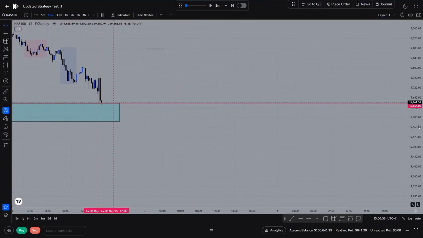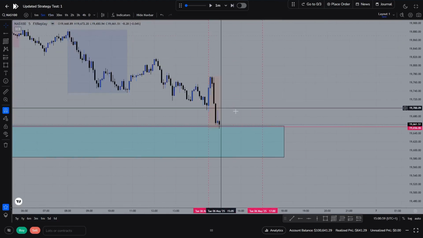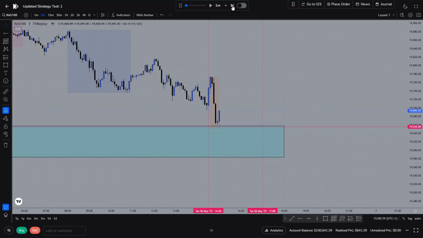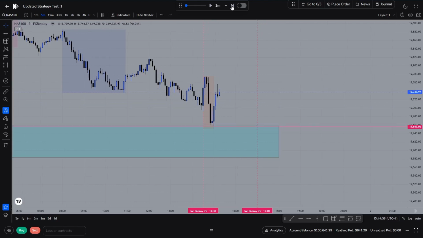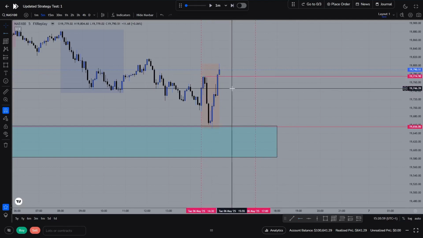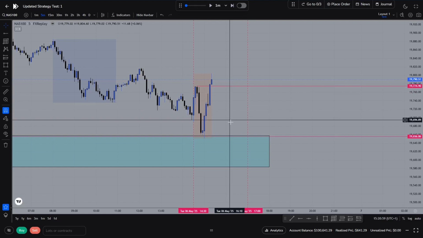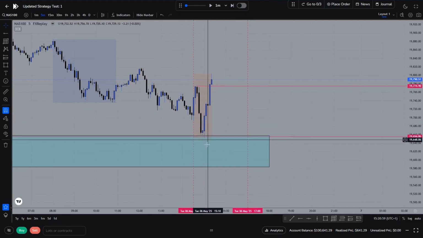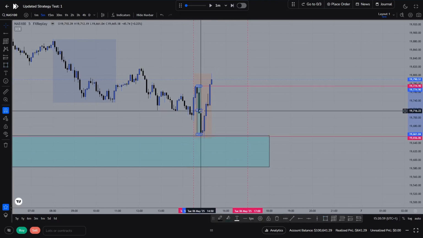Alright. 5 minute. I'm gonna break a structure right here. Leave it behind an FVG. And this technically is our order block.